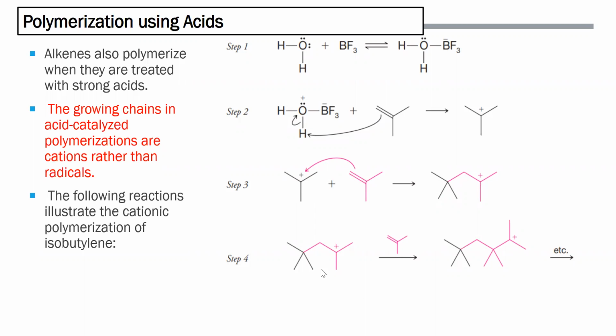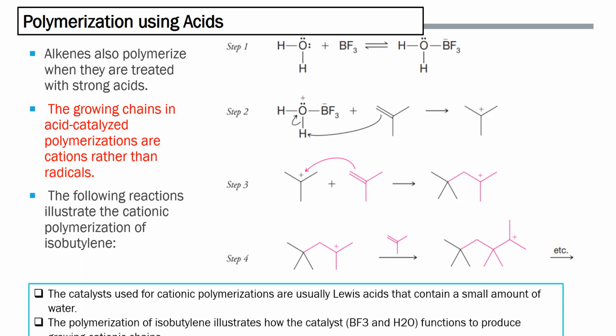Once it becomes positive again, we just repeat the process. We use another mole of our alkene, and then we expand, and so on. And here you have your polyisobutylene. The catalysts used for cationic polymerizations are usually Lewis acids like BF3, in a small amount of water.